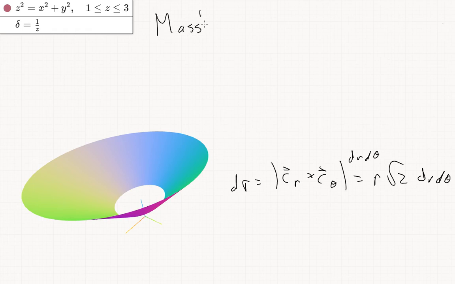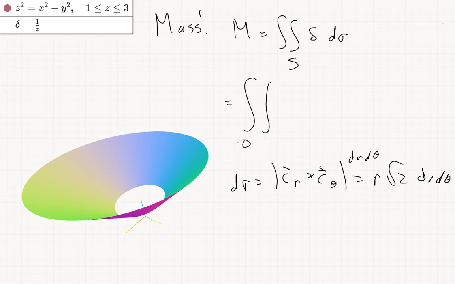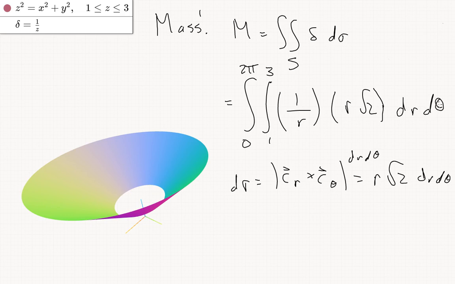So the mass m is the integral over S of delta, the density, d sigma. So that's the integral theta from 0 to 2 pi, r from 1 to 3. The density is 1 over z, but z is r, so this is 1 over r times d sigma, which is r root 2 dr d theta.